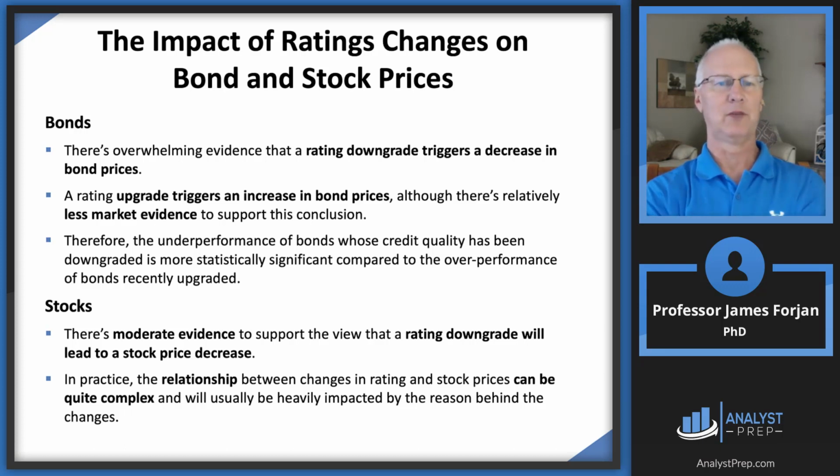All right, so let's go through these points here. Overwhelming evidence that a rating downgrade triggers a decrease in bond pricing. That makes perfect sense. A rating upgrade triggers an increase in bond prices, although there's much less evidence to support this conclusion than the original conclusion about a downgrade.